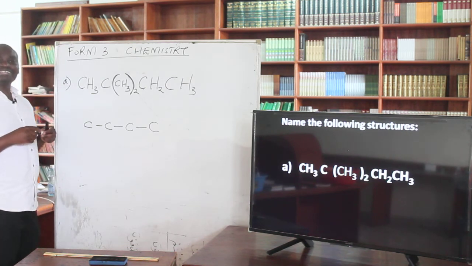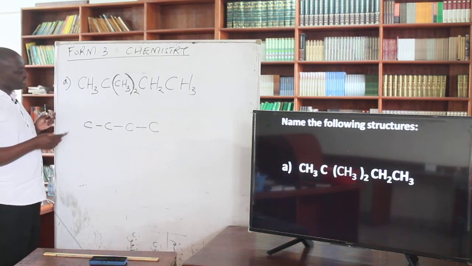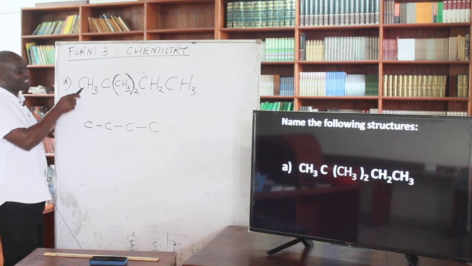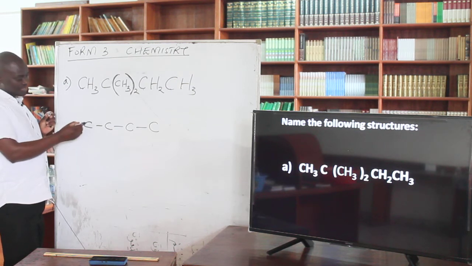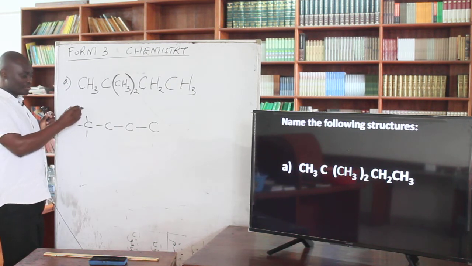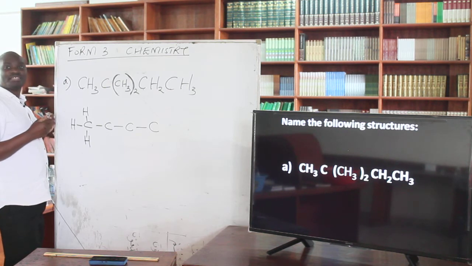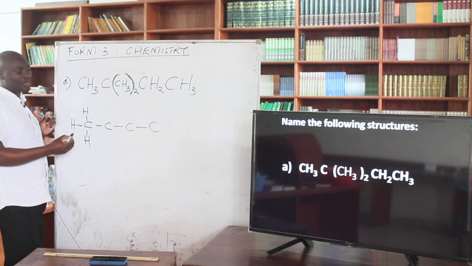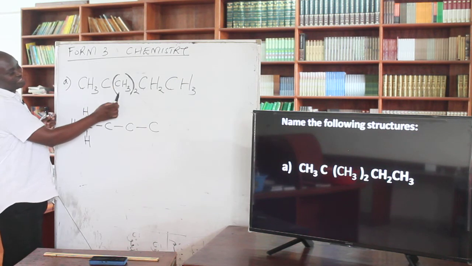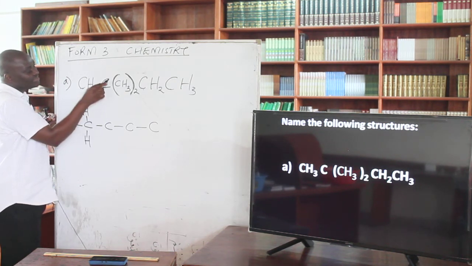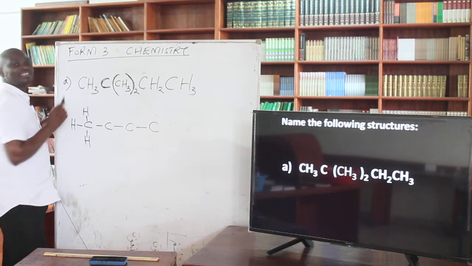Then we check the number of hydrogen atoms. The first carbon has 3 hydrogen atoms. The second carbon has CH3, these are branches located on that carbon.